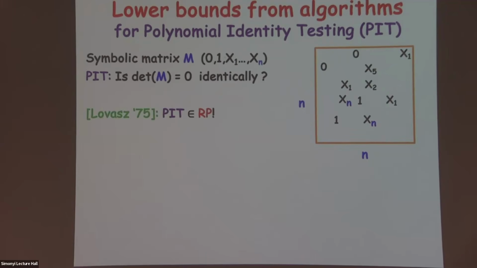Because determinants can be efficiently computed on numbers. If the determinant was identically 0, you'll always get 0. If it was not 0, the chances you land on the variety is negligible. So it's a perfectly good probabilistic algorithm. And we don't have a polynomial time algorithm for this.